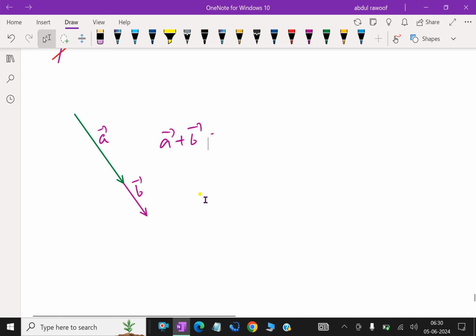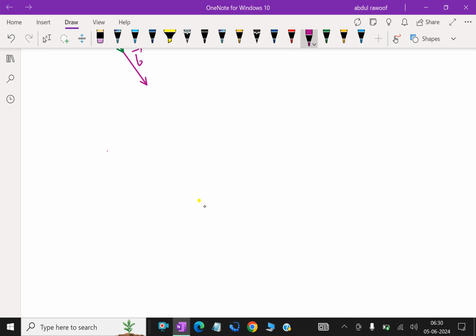Now look at the next one. In general, vector addition is making a triangle. So this is OAB.